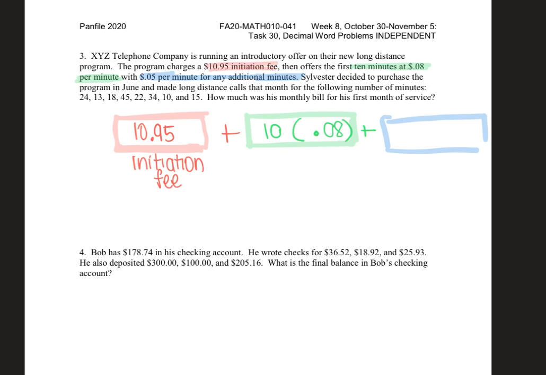Let's do it in the same order. However many minutes times 0.05, right? But we don't know the number of minutes, so we have to figure that out. But it's not the total number of minutes. If you take the total number of minutes, what do you have to do?